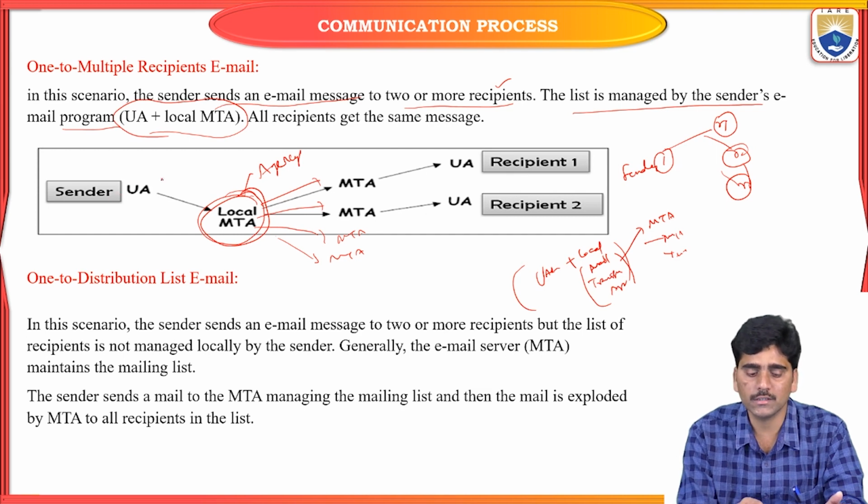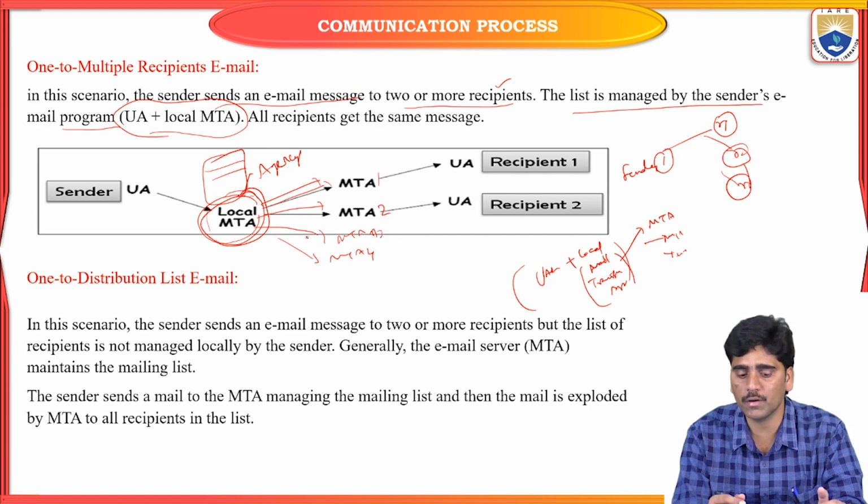Now the sender sends a mail to all recipients. Before these messages reach the recipient side, the mails are all stored in a block called the local MTA. In this block all the messages are stored. Now each and every mail is transferred with the help of MTA1, MTA2 or MTA3. This is how the number of mails are forwarded to the recipients with the help of these mail transfer agents.